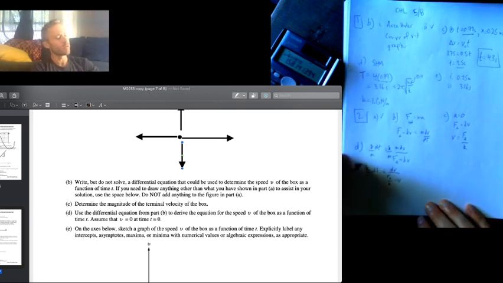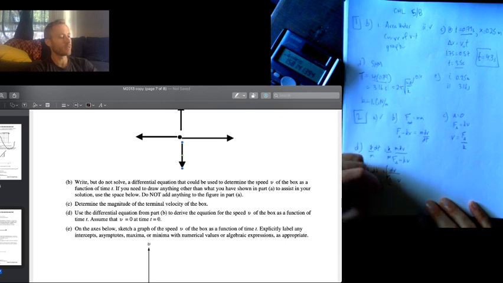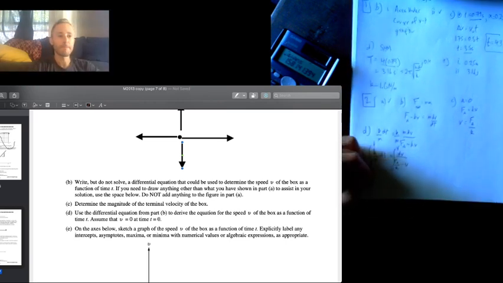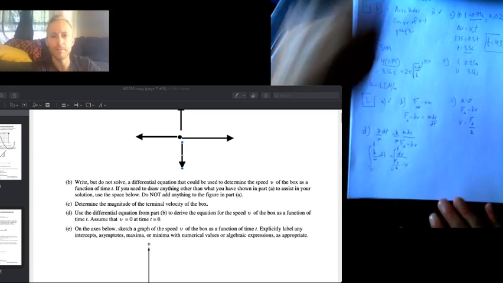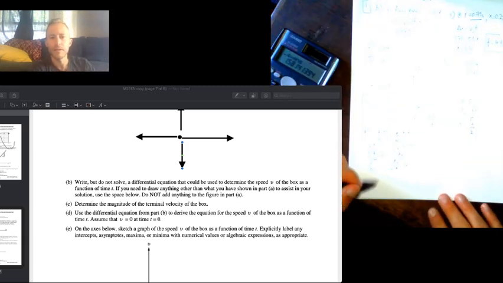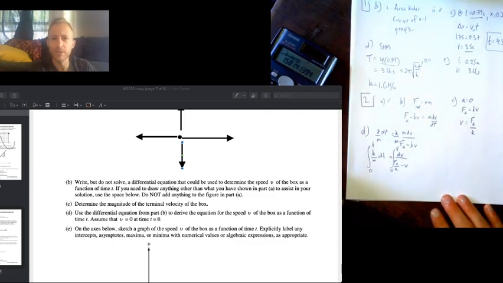Then I integrate both sides. On the right-hand side, I will be integrating from 0 to v. On the left-hand side, I'll be integrating from 0 to t. So that gives me, maybe I better turn my lamp on. It's a little bit overexposed.